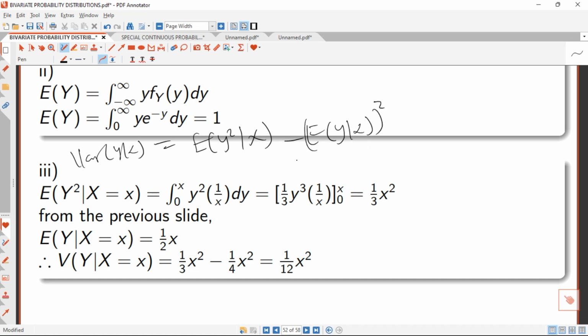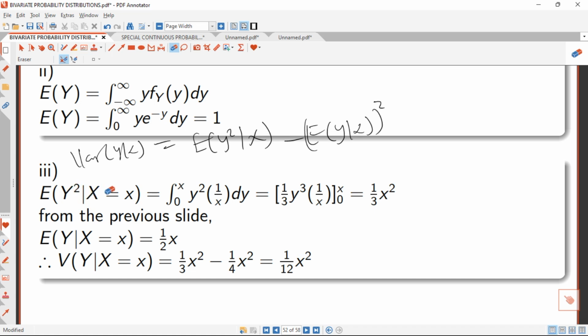For this one, we already have the expectation of y given x. So we have to calculate the expectation of y squared given x. For that one we are going to integrate.